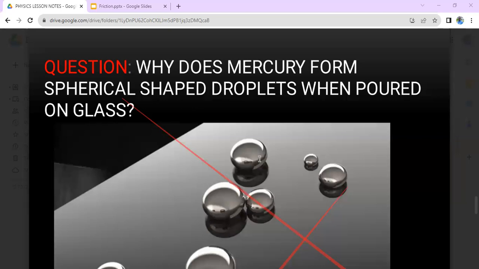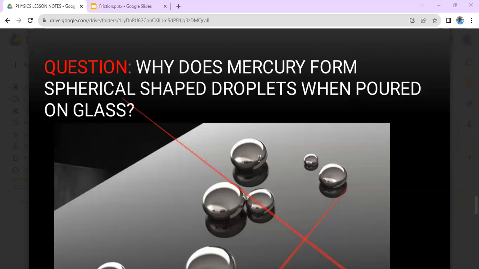Primus says mercury has a force of adhesion less than the force of cohesion and hence prefers to stick to itself together rather than on the glass surface. Then I say the force of cohesion among mercury molecules is greater than that of adhesion between mercury molecules and glass molecules.